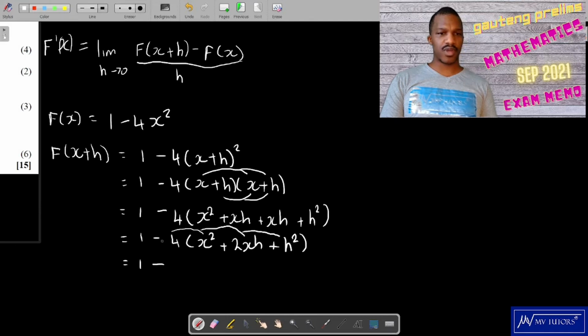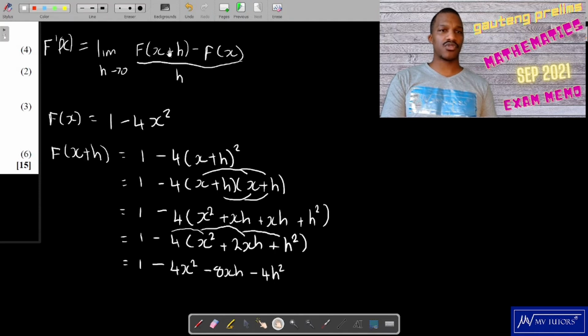So minus 4 times x squared is minus 4x squared, minus 4 times 2xh is minus 8xh, and then minus 4 times h squared is minus 4h squared. So now I've solved my f of x plus h, and I have my f of x.